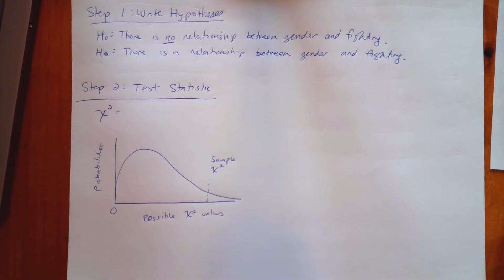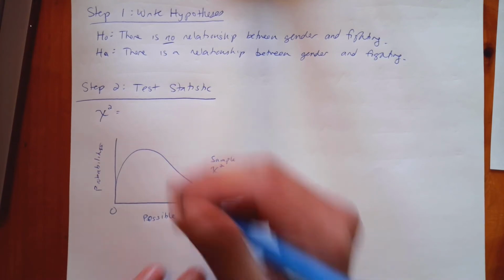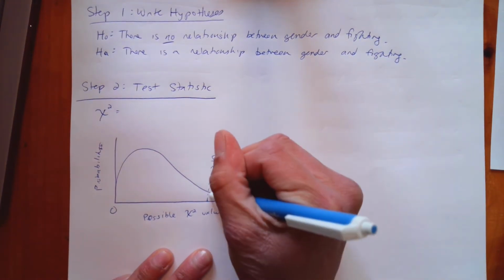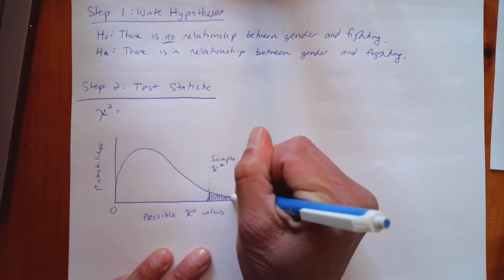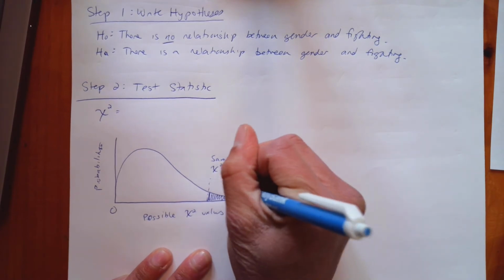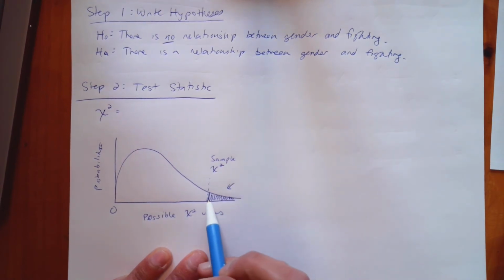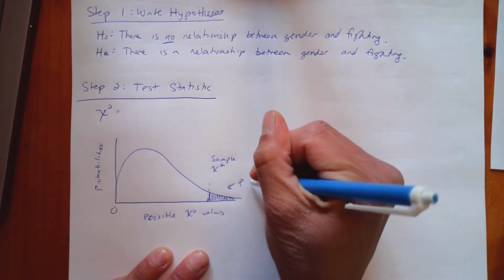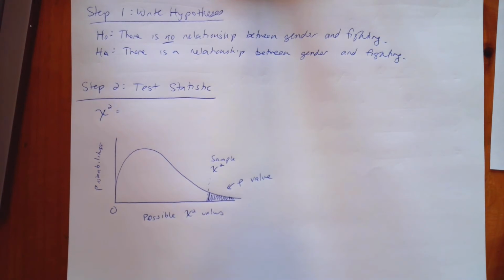And we're just looking for the probability of getting a chi-square statistic that's as large or larger than the one we actually got. So we're going to be placing our chi-square value from our sample on this distribution, and then calculating the area under the curve that's beyond that point to find our p-value. And then, as usual, we'll be using the p-value to decide whether to reject the null hypothesis or not.